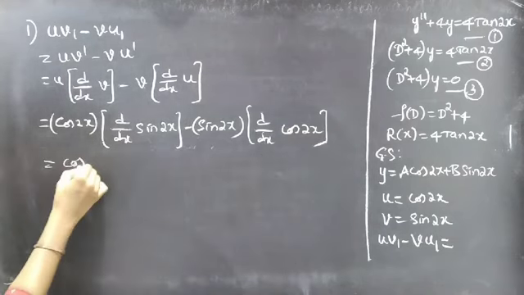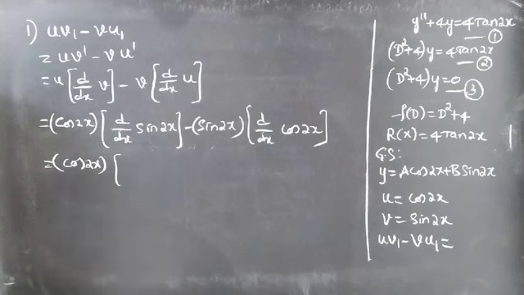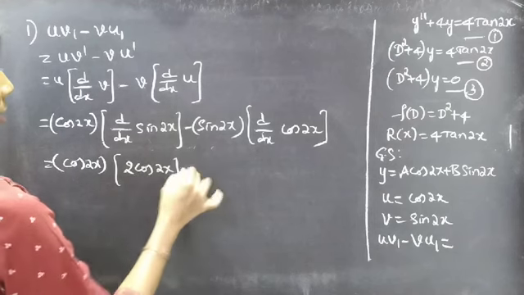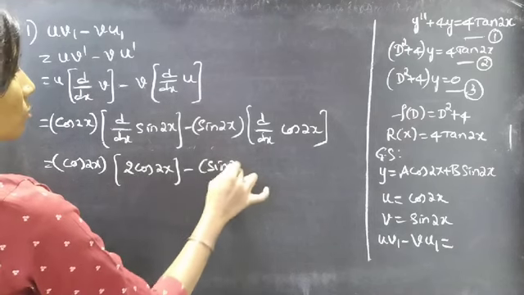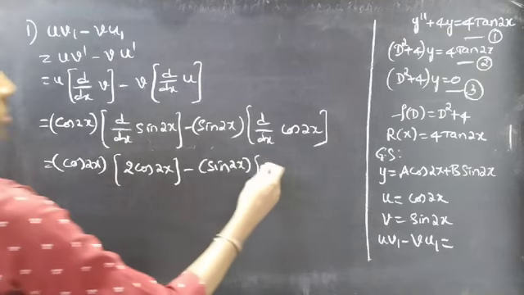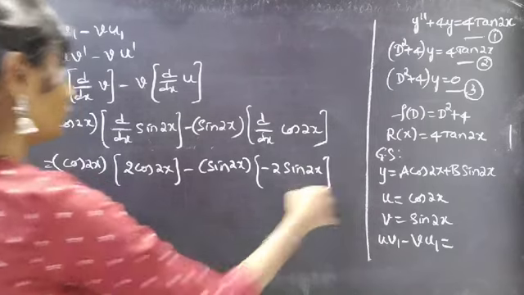This gives cos 2x into the derivative of sin 2x with respect to x, which is 2 cos 2x, minus sin 2x into the derivative of cos 2x with respect to x, which is minus 2 sin 2x.